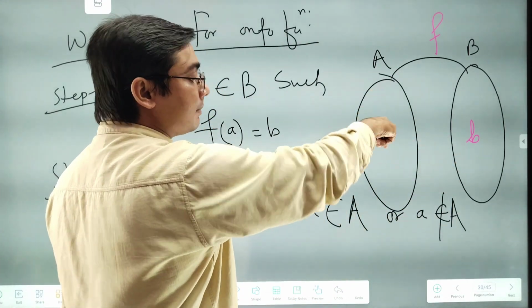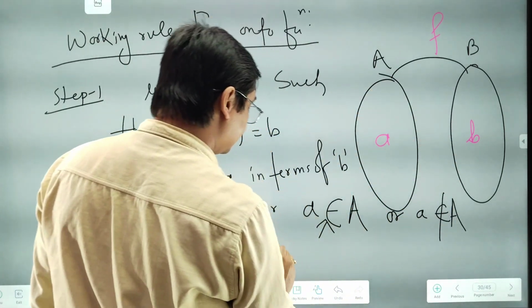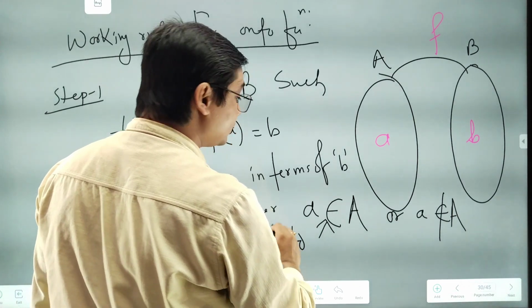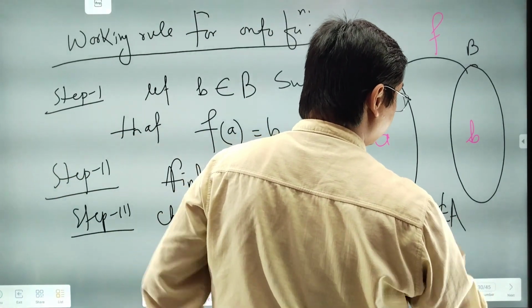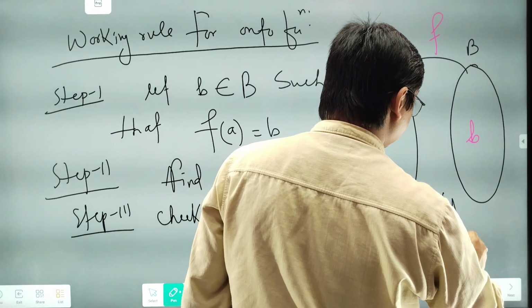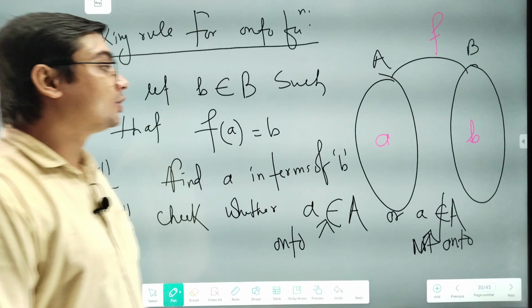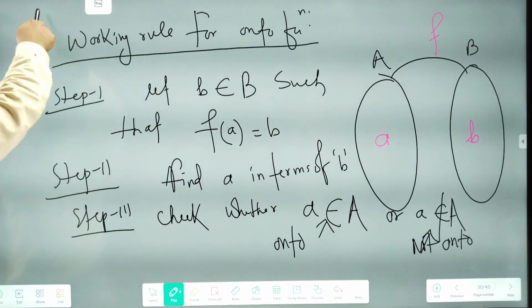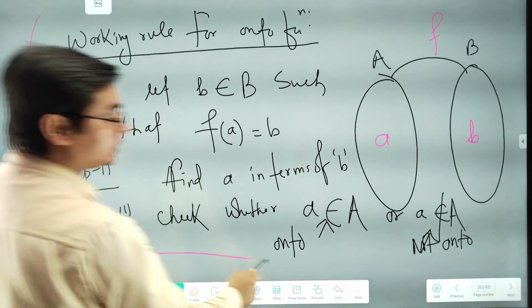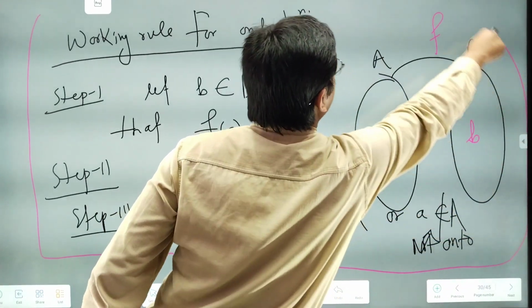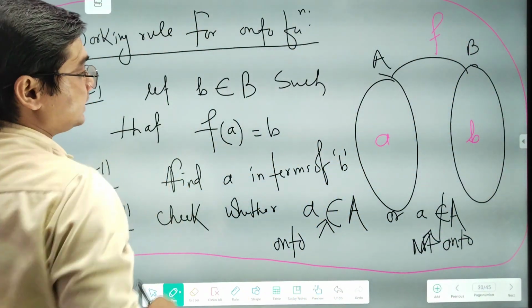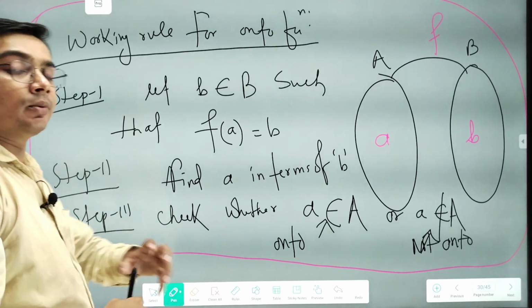If this is in capital A, then we call the function onto, or if this does not belong to capital A, then it is not onto. So this is the working rule, and this thing is most important, so you have to remember it.